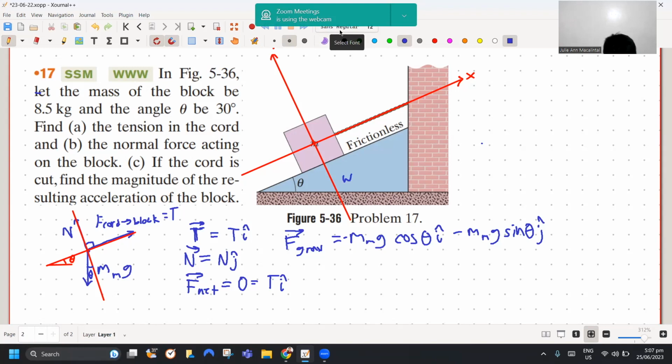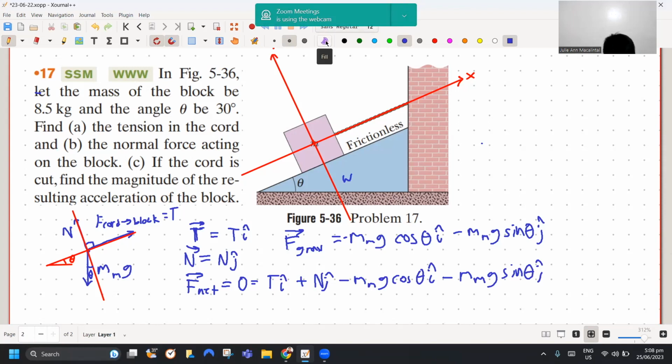So what does that give you? Okay. Now, this is a vector equation.